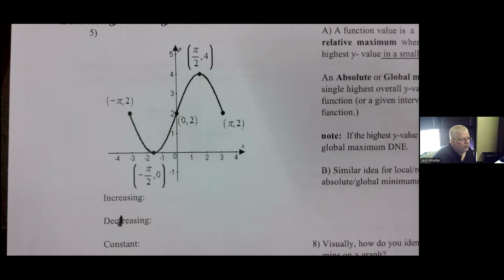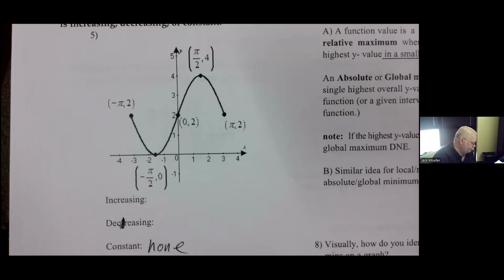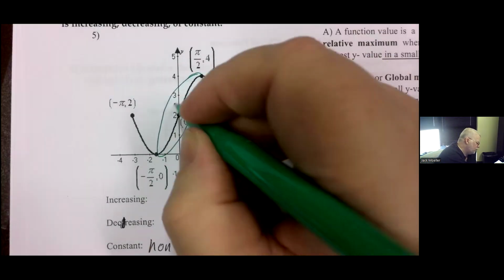So let's do the constant part first, because I think that should be the quickest part of this. Where is this function constant? There are no horizontal segments whatsoever. So there is none. Okay. All right. So where is this increasing? Well, where does it have a positive slope? Right here in the middle. That's where it looks positive. So that's our increasing.